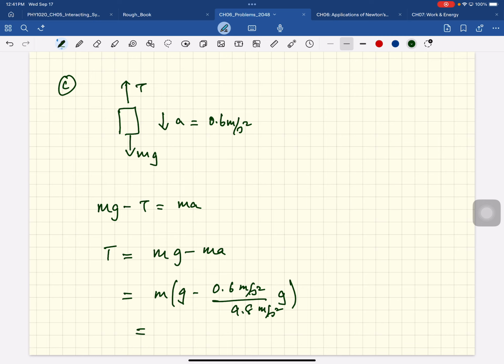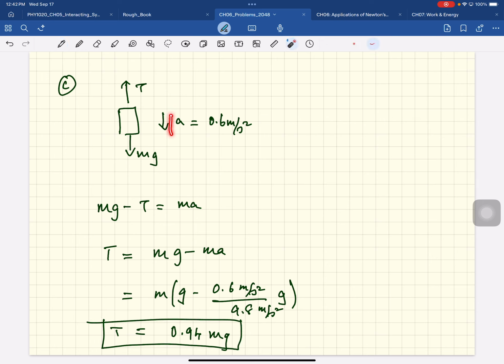And so this works out to 0.94 mg. So when the acceleration is downwards, the tension is 94% the weight of the object.